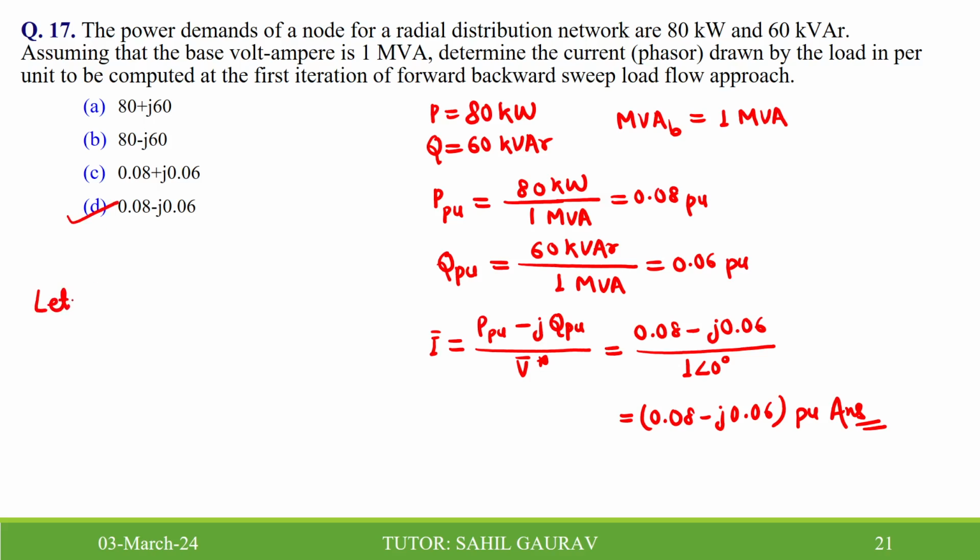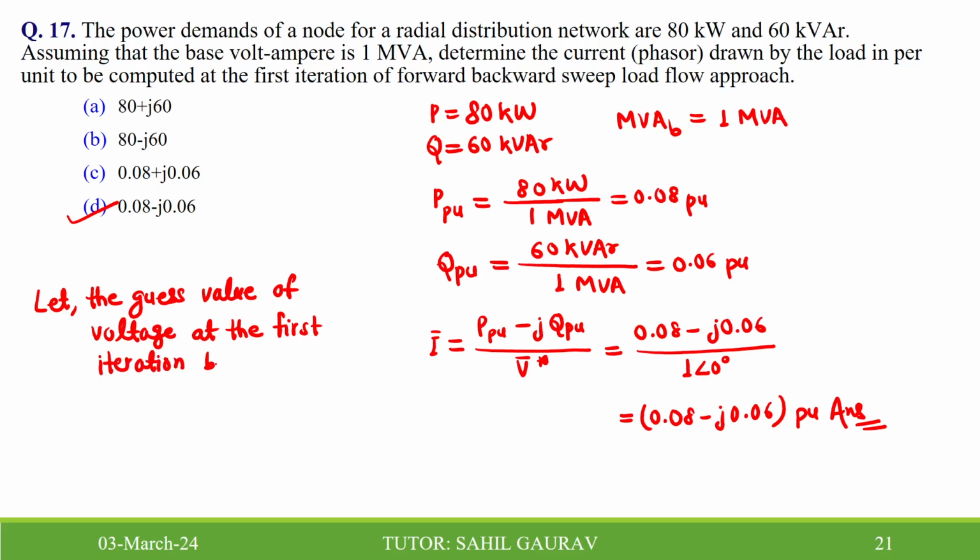Here you can write this point: the guess value of voltage at the first iteration is 1 per unit.